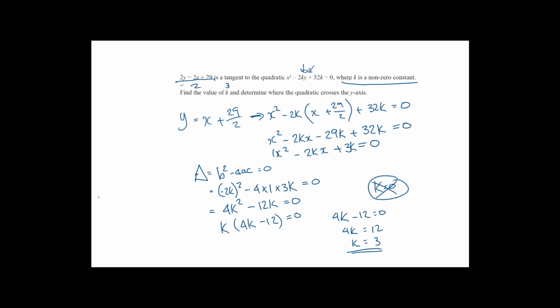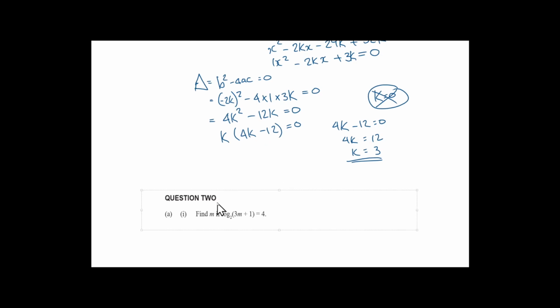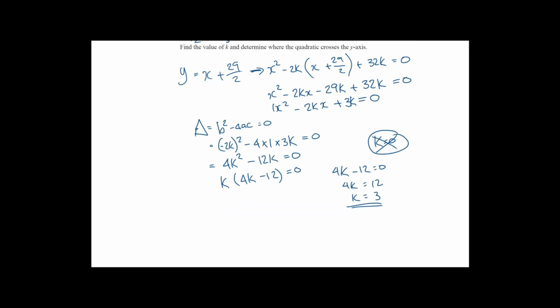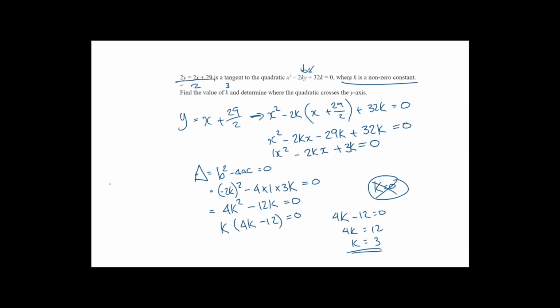Now we want to find where that quadratic crosses the y-axis. So our part now is going to be finding some room. Let's move that down a bit. So we know where it crosses the axis, the y-axis. x must equal 0 and k equals 3.